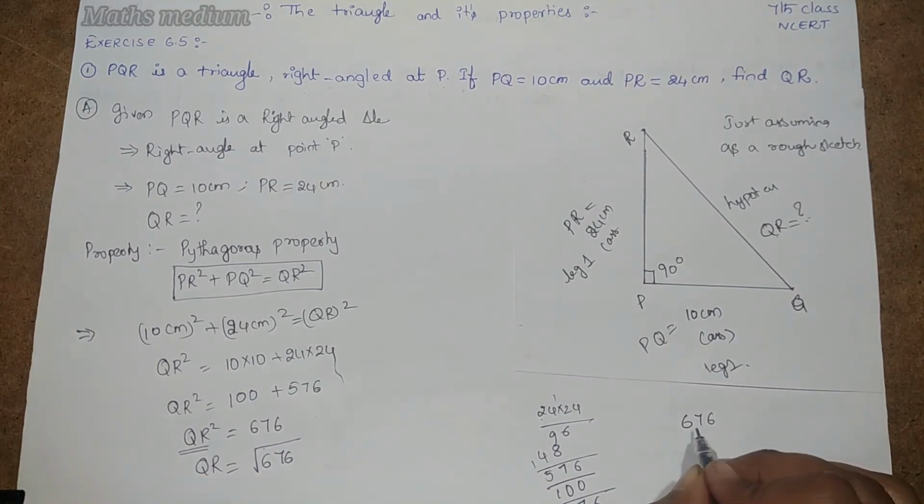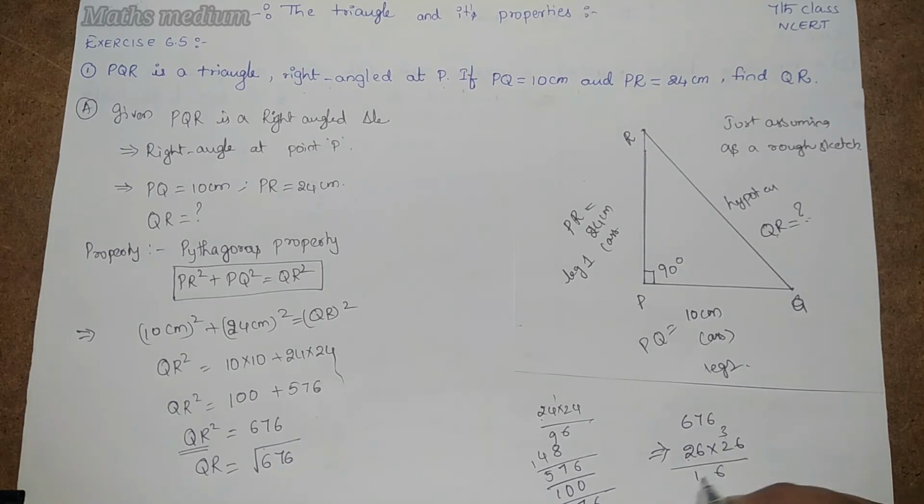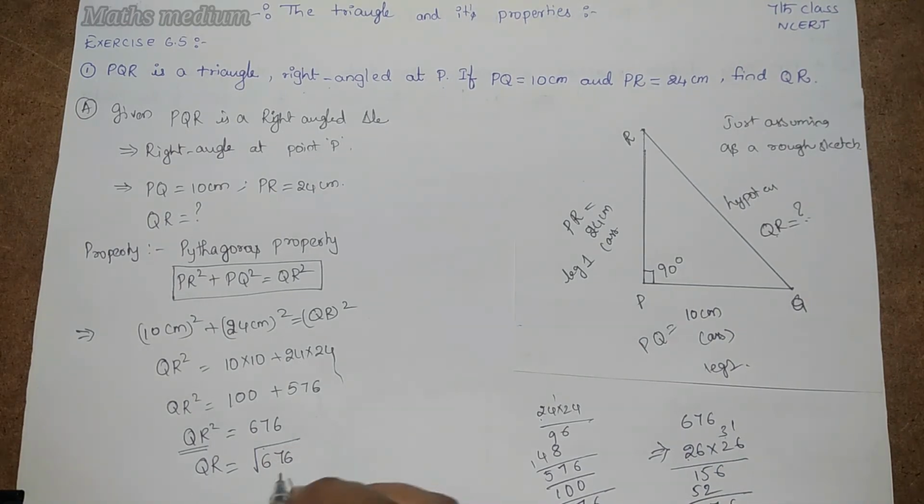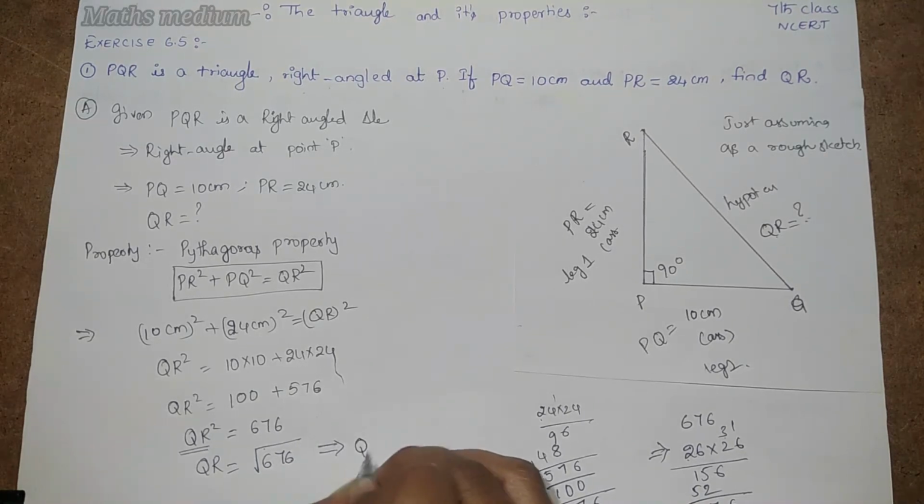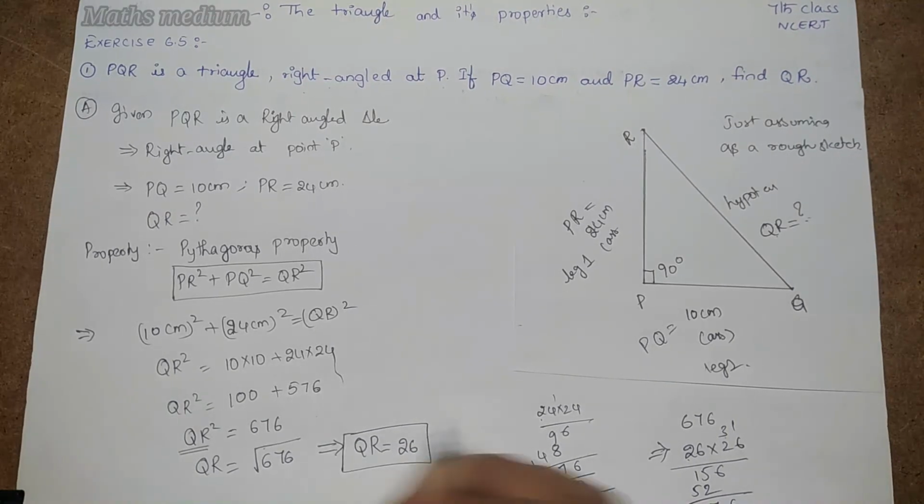676 is compulsorily a number multiplied by itself, that is a square. So it may be 26 into 26. 6 6s are 36, 6 2s are 12, 13, 14, 15, 2 6s are 12, 2 2s are 4, 5, 6, 7, 6. So finally QR is equal to 26, that is the answer.